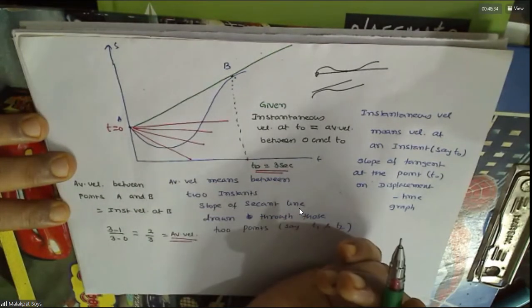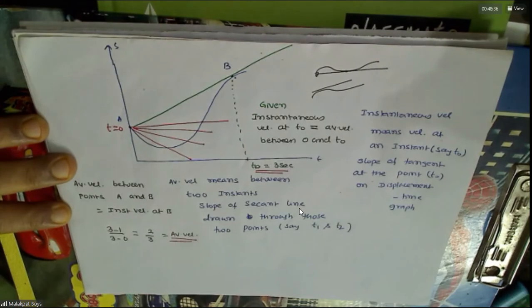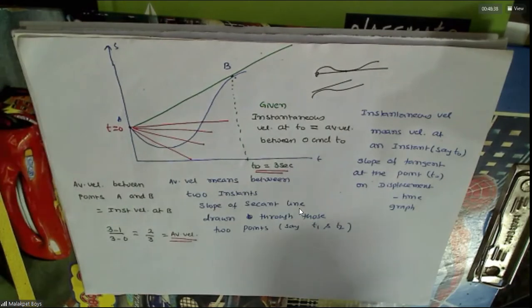Yes, sir. Understood, sir. Tangent means only one point will be existing on the curve. Secant means 2 points. Follow this or not? Yes, sir, followed. So go on drawing like this.